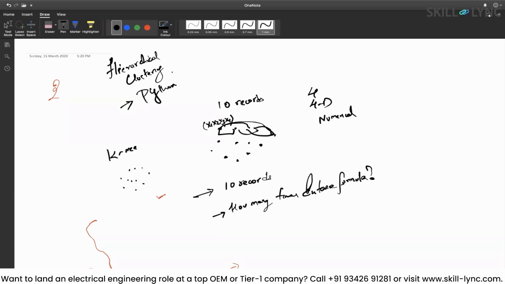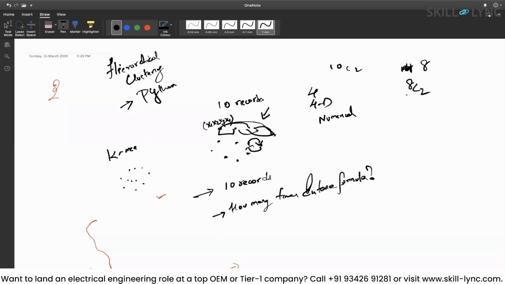Okay, got it. So ideally when we calculate the distance from this point to this point, we should not calculate from this point back to this point, right? Because we have already calculated that. For example, take the IPL. In the IPL, there are generally 8 teams, right? So if you want to conduct a round robin, there will be 8C2 matches.